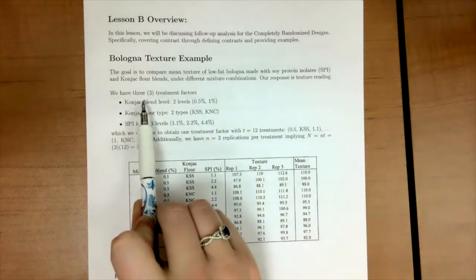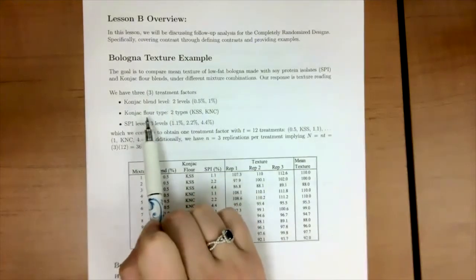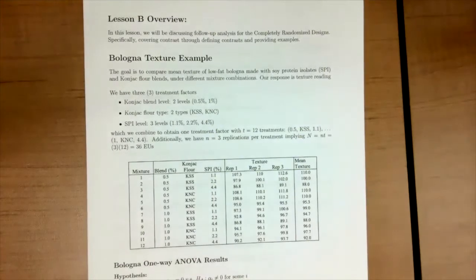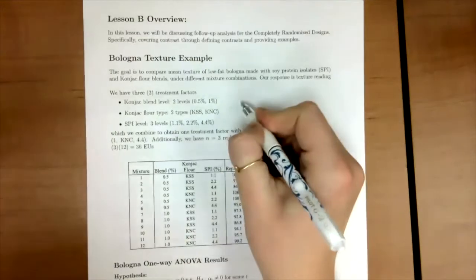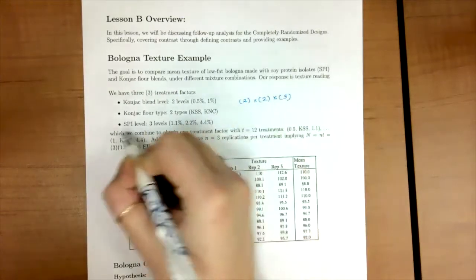In this example, we have three treatment factors: the konjac blend level, flour type, and the SPI level. Again, completely randomized designs work with only one treatment factor, or we can do a combined treatment factor. So for this example, we are going to combine these levels to get 12 treatments. We got 12 treatments from 2 blends times 2 flours times 3 SPIs.